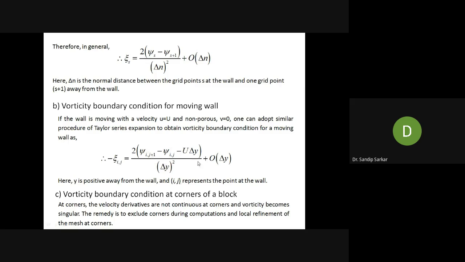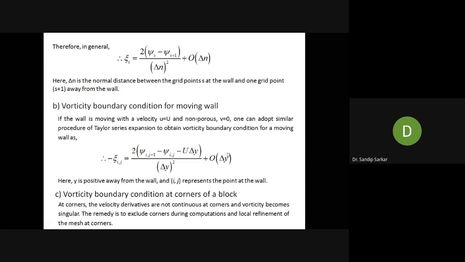So this is the expression, and if you perform the above analysis you can obtain it easily. Okay, clear? Is it clear? Or any doubt? You just do it, you can obtain this expression.